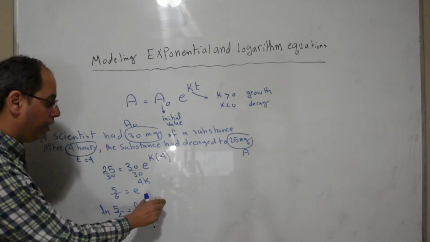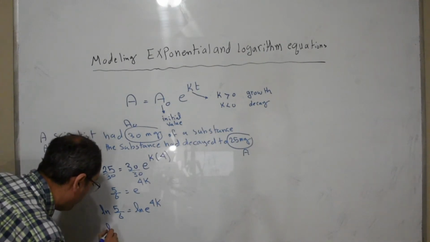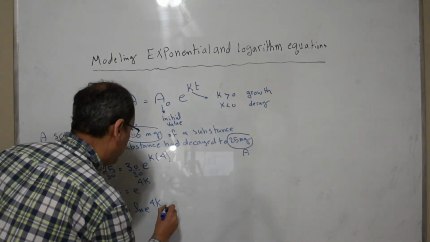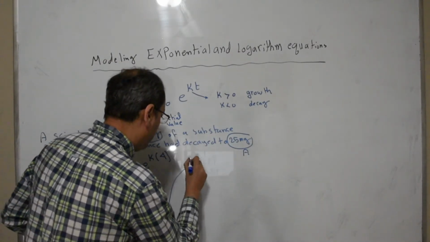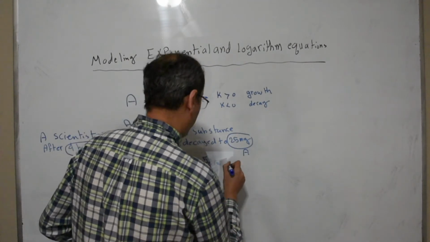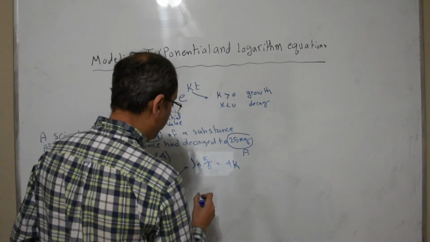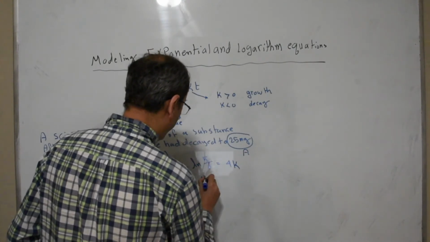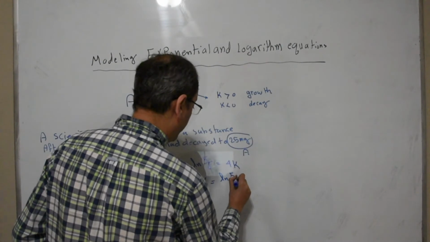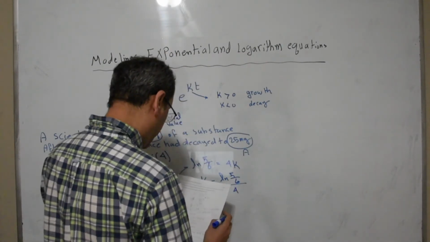Natural log of e to something is just that something. The natural log of 5/6 equals 4k. And we divide by 4 and compute k. So k is the natural log of 5/6 divided by 4.